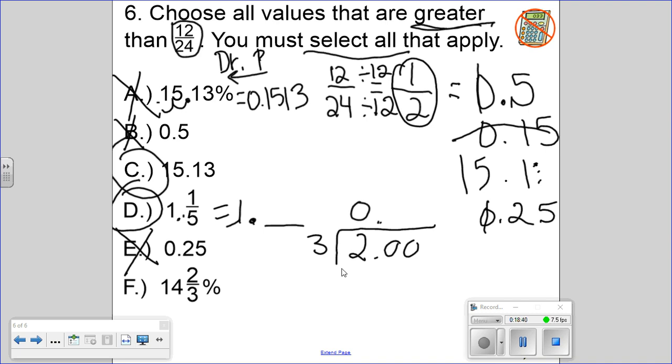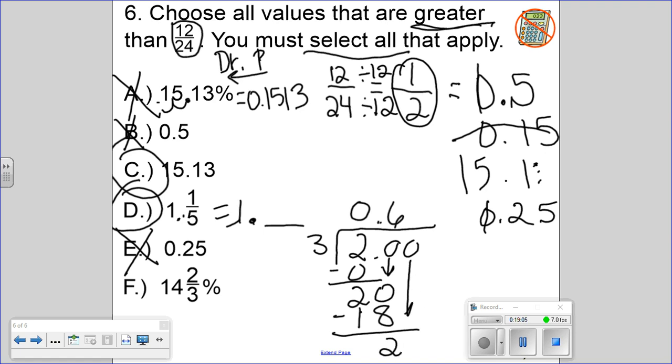That would be 0. 3 times 0 is 0. And we subtract, we have 2 left over. So we bring down this extra 0, and now we say, how many times does 3 go into 20? Well, I know that 3 times 6 is 18, and 3 times 7 is 21, so I have to stop at 3 times 6. I write 18 down below, and then I subtract. And once again, I've got 2 left over.